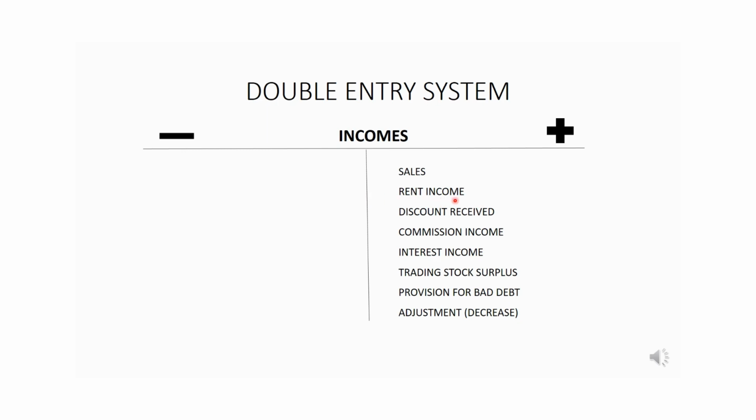But what will happen in a situation where your rent income is not received, but we have earned it? So in that case, let's say we are approaching, or we are at the end of the financial year, and 1 month of rent income is not received. We will record rent income because we'll be using an accrual basis.